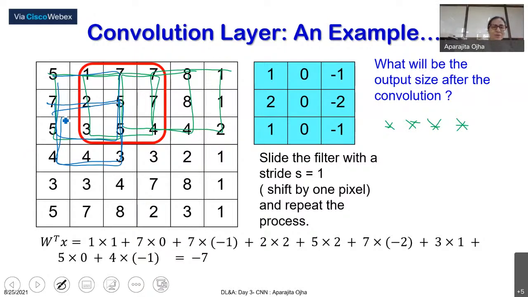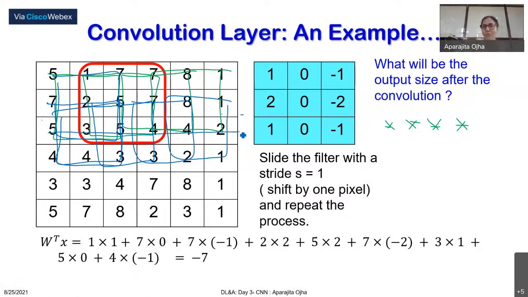Now, similarly, you will be sliding it horizontally again. So this is the third output, and this is the fourth output, this is the fifth output. In fact, in this row, these 4 outputs will be given. Now I slide it further down and take 4 outputs again.